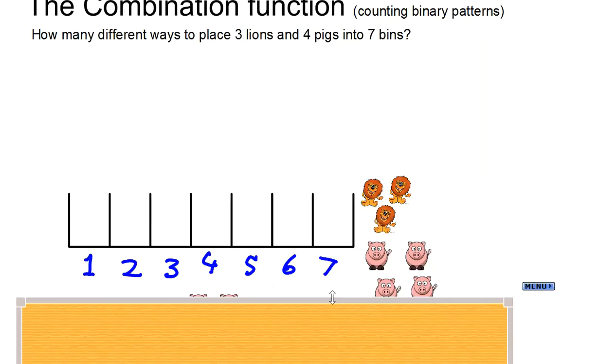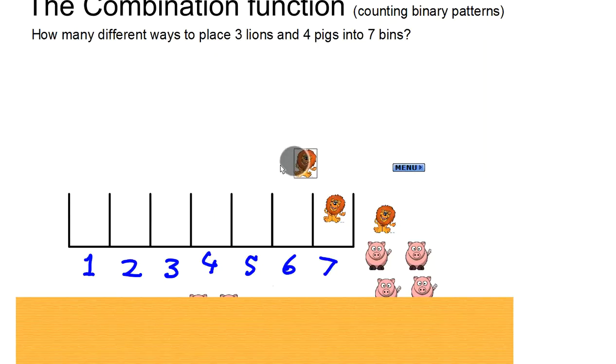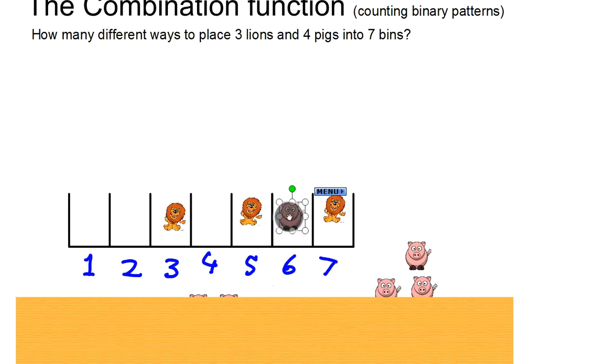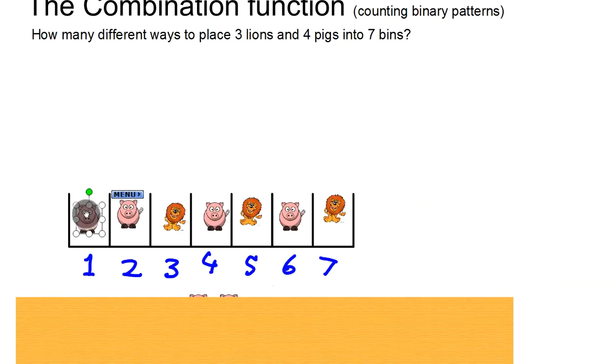Let's say we can put a lion here, a lion here, a lion here, and a pig here, a pig here, a pig here, and a pig here. And the pigs are identical to each other and the lions are identical to each other. So how can we calculate this?